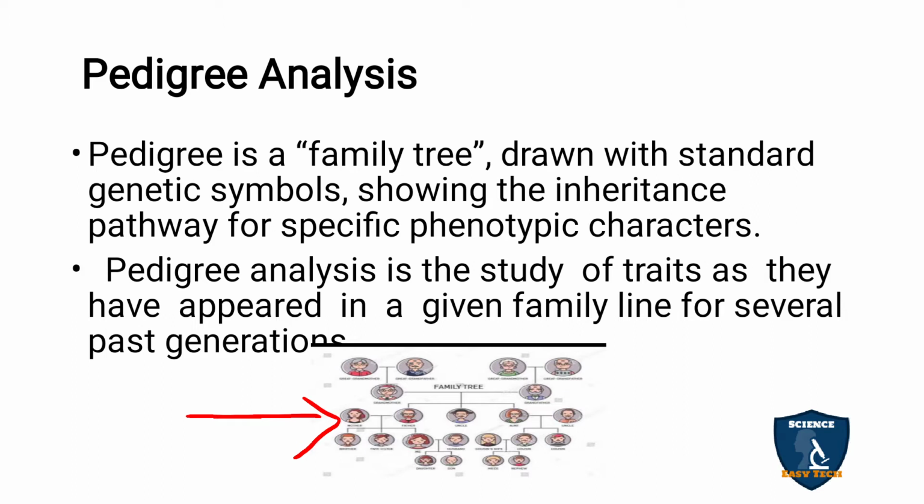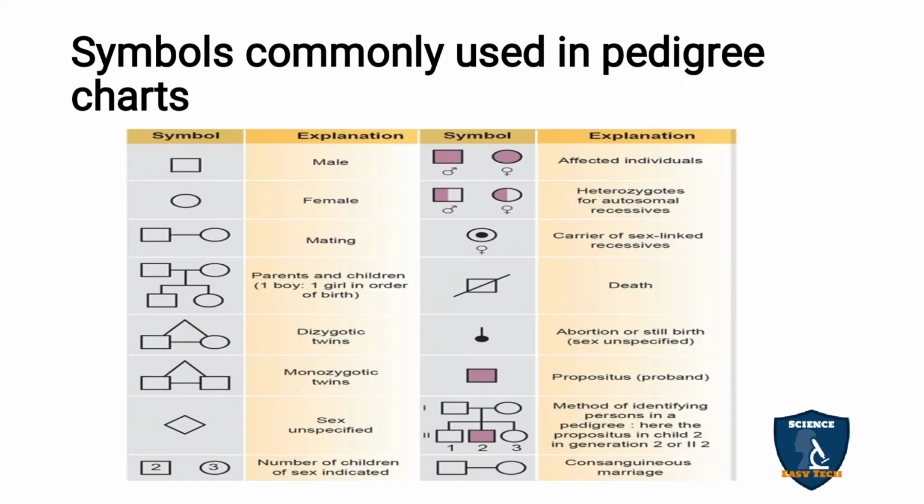A particular trait is seen in a family tree, and to analyze how the characters are transmitted from generation to generation in a particular family, that analysis is known as pedigree analysis.